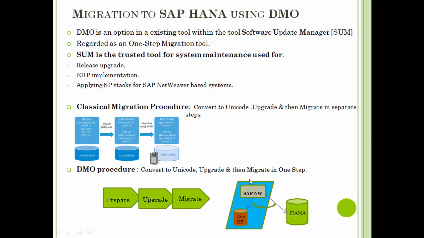So we will have a testing phase during which this database will still be retained on the server, and once we feel the HANA database is good to be continued, we will remove its contents. From there on, solutions can run on HANA in full swing. So this is how the DMO procedure offers a one-step migration option to run any SAP solution on SAP HANA.